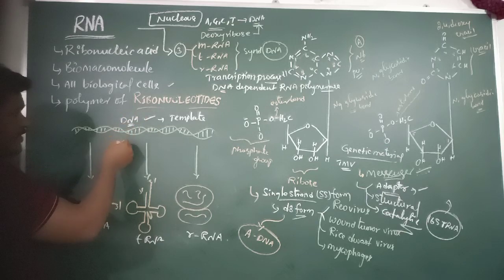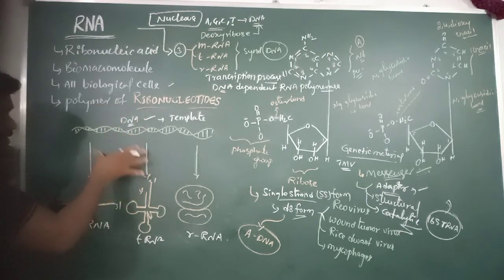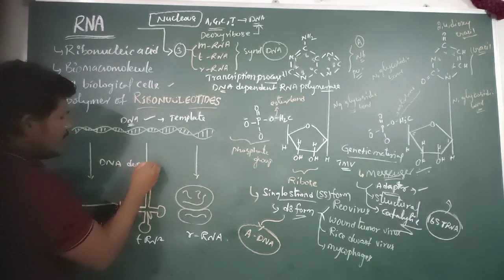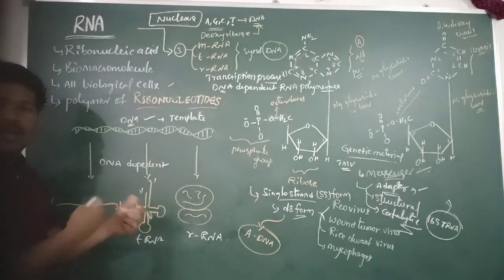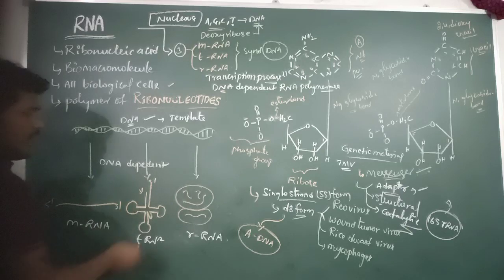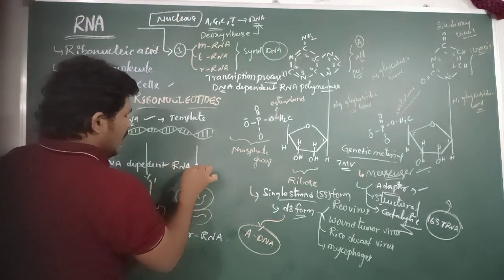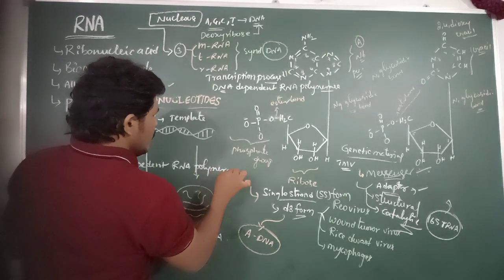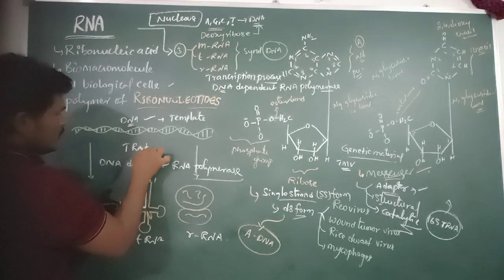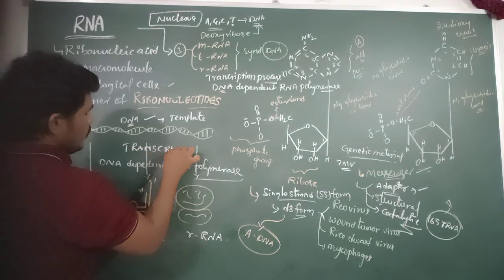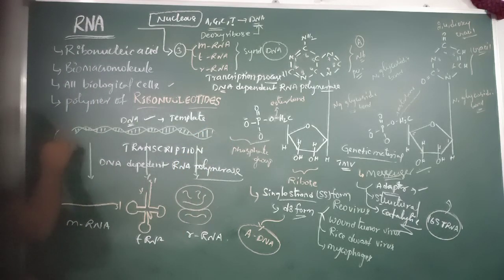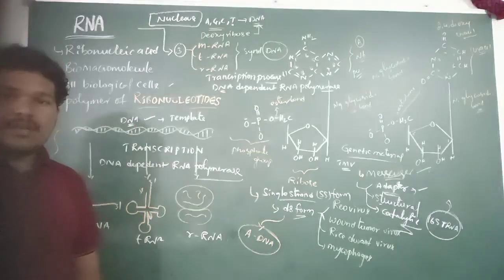This process of synthesis of RNA molecules from the DNA is catalyzed by the polymerase enzyme, the DNA dependent RNA polymerase, by the transcription process. So this is about the RNA molecule.